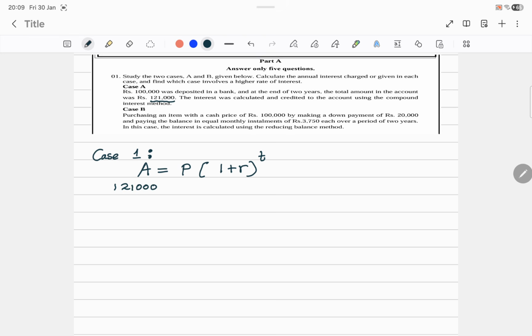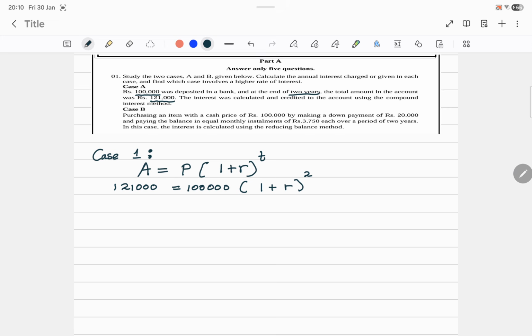And P is the principal, that is the amount we invested, which is 100,000. 1 plus, we want to find the annual interest, so R. We deposited in the bank for 2 years. So time is 2. Right. So now we want to find R.